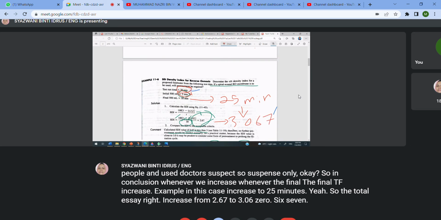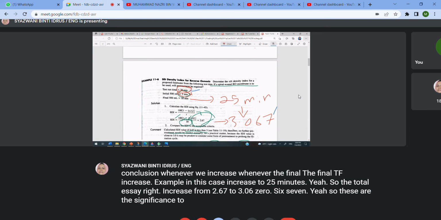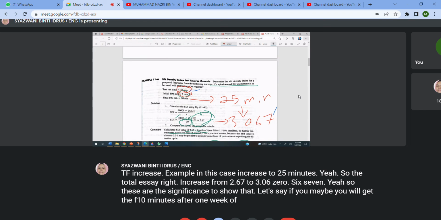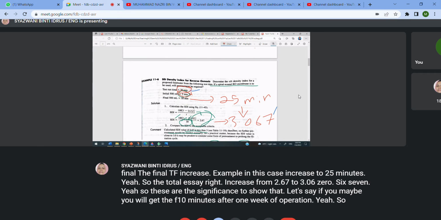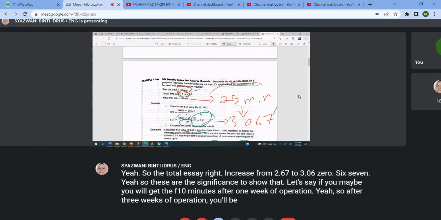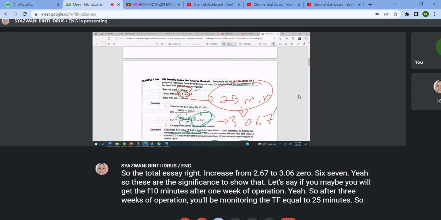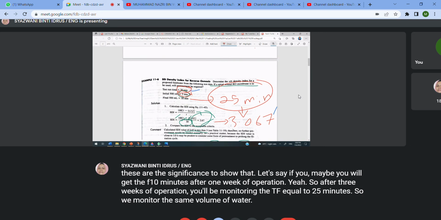So these are the significance to show that, let's say, maybe you will get TF 10 minutes after 1 week of operation. So after 3 weeks of operation, you will be monitoring the TF equal to 25 minutes. So that's why we monitor the same volume of water to pass through.